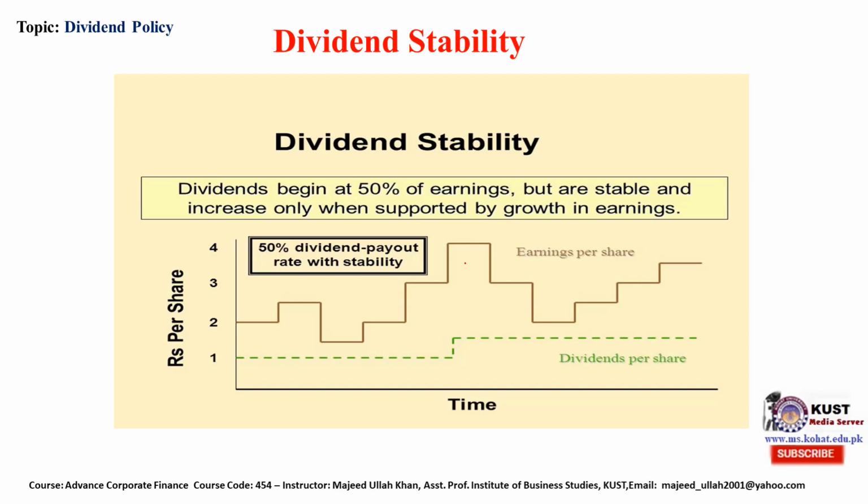Now, dividend stability is like this. Don't straight away follow the earning per share pattern. This is the pattern. So this is one of the stable dividends, and then there is a slight increase if your earning per share increases, and it continues. And if the earning per share increases in that way, so what the company should do is go one step higher again.